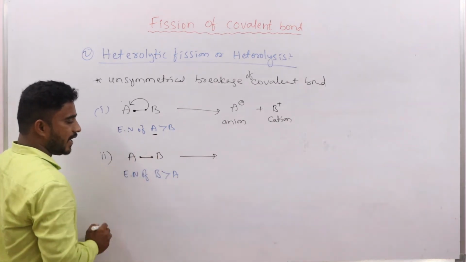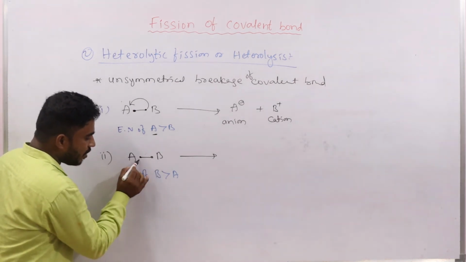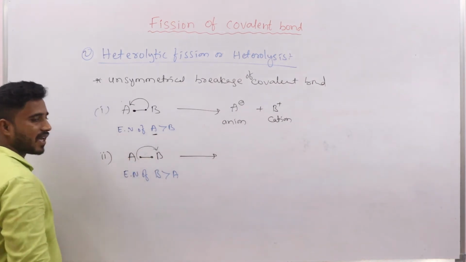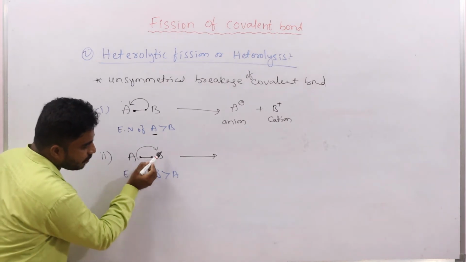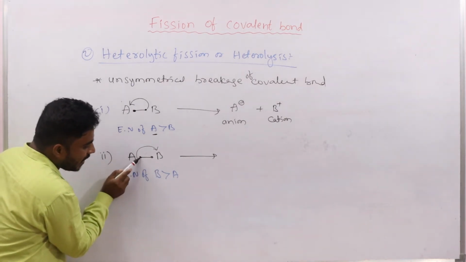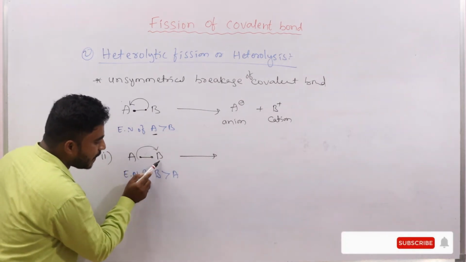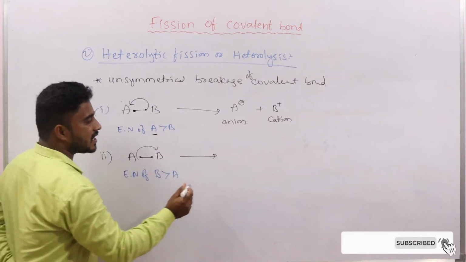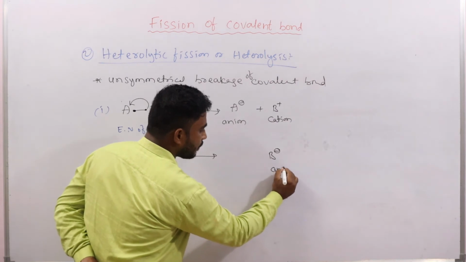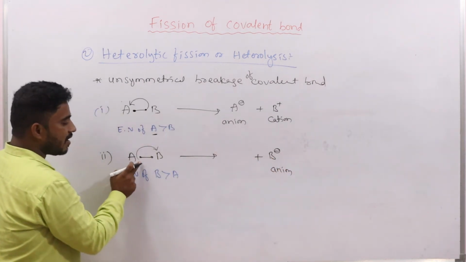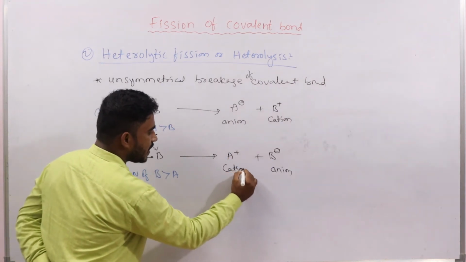When it participates in heterolytic fission, the electrons between A and B move towards the B side. This electron is B's electron moving towards B, and A's electron also moves towards B. So B has one excess electron and gets a negative charge, that is an anion. A lost one electron, so A gets a positive charge, it is a cation.